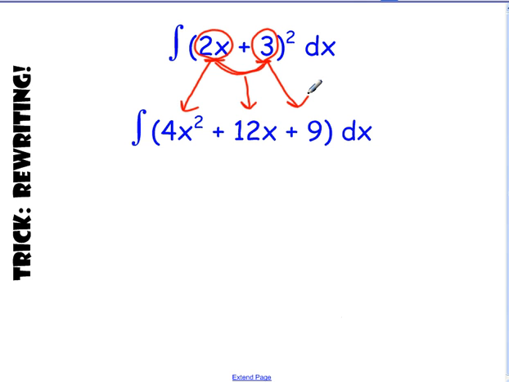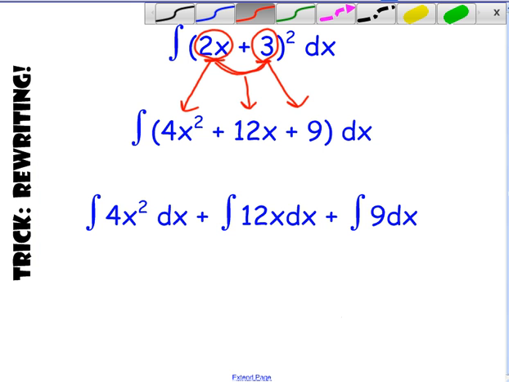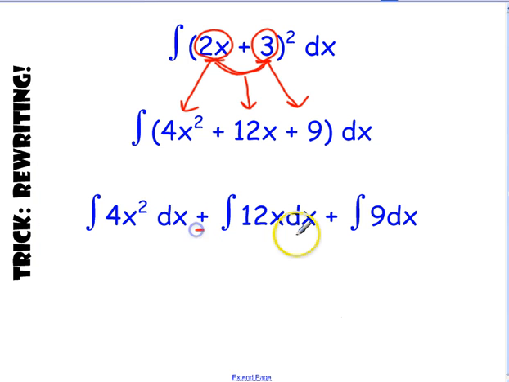Now, what I can do from here is use my sum and difference rule, which tells me that I can split a function that has the sum and the difference in the middle into different pieces. And one other thing I could do if I wanted to is pull out a 4 and take the antiderivative of x squared dx.